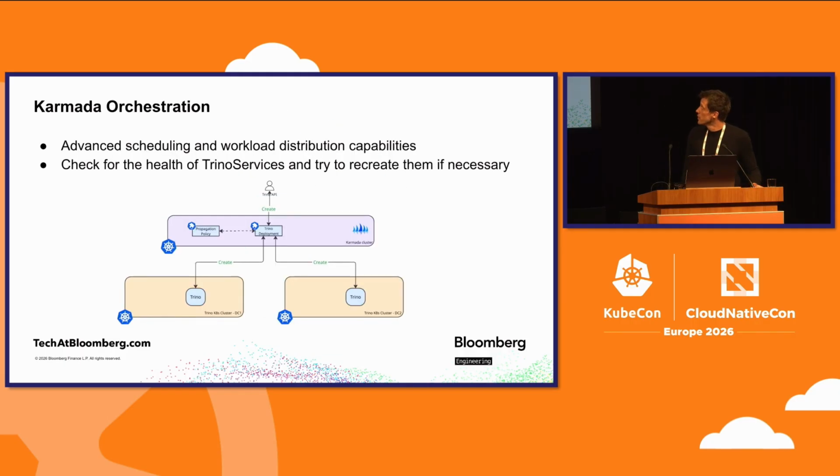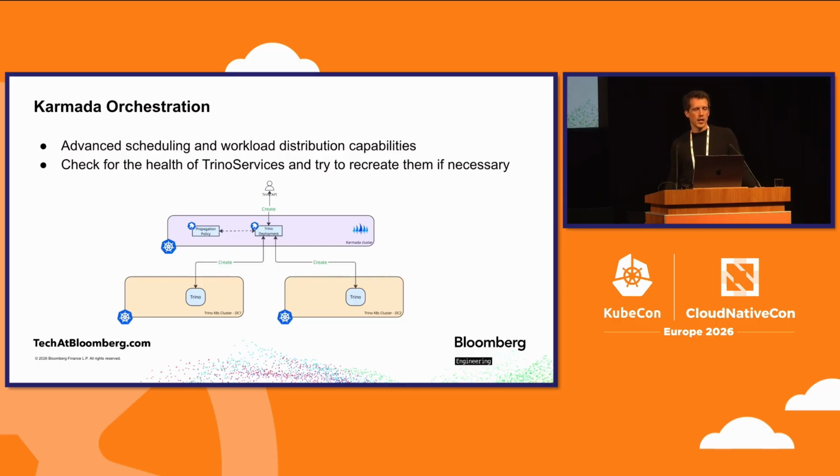Okay, so on this slide, we can see that the Trino API submits the Trino deployment into Karmada. After defining what the propagation policies are for this Trino deployment CR, Karmada will submit the Trino deployment into the member clusters in order to build the Trino pods.